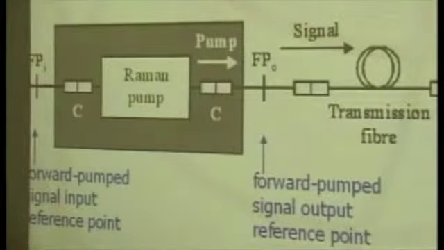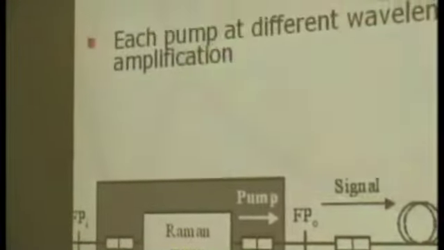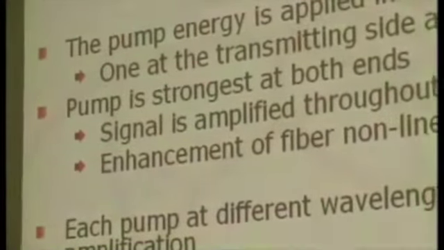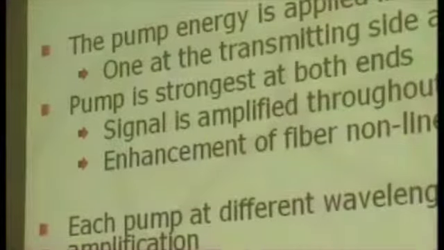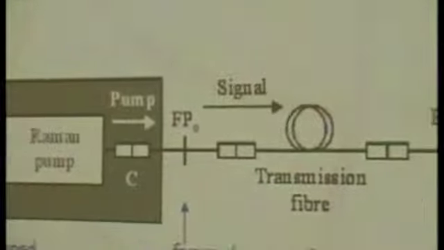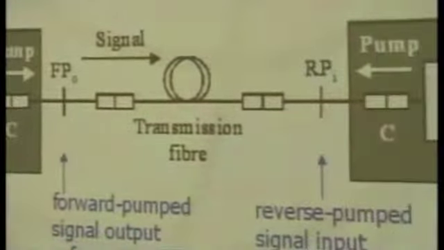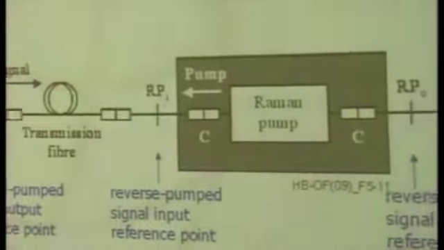Okay, and the pump power is strongest at both ends. Each pump has a different wavelength for wide bandwidth amplification. That means you can use different wavelengths for forward pumping and backward pumping. So as I described, you can have different wavelength pump lasers in the same fiber. So you can broaden the gain bandwidth with this configuration.